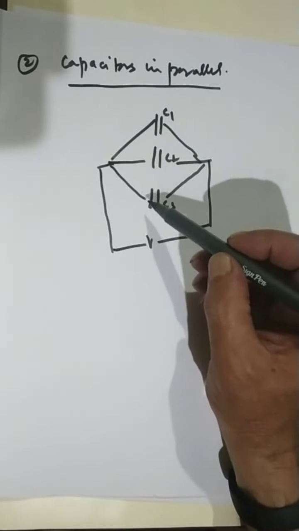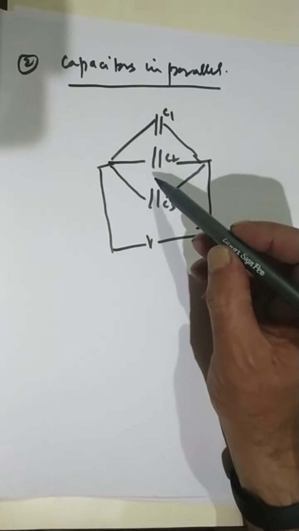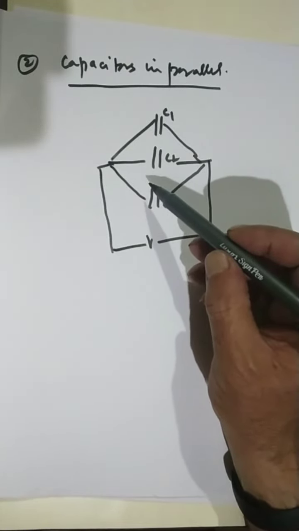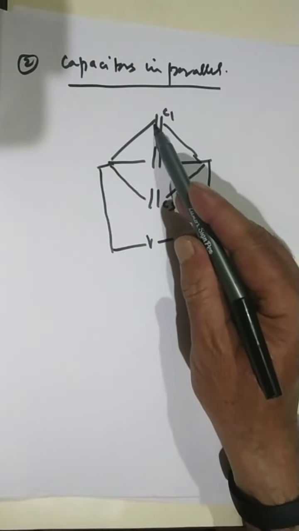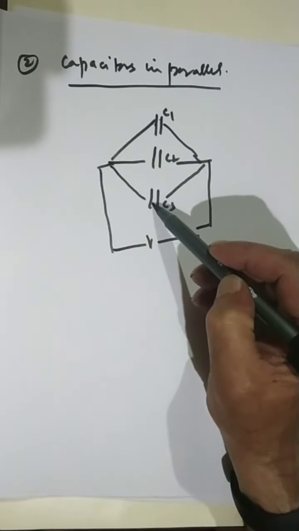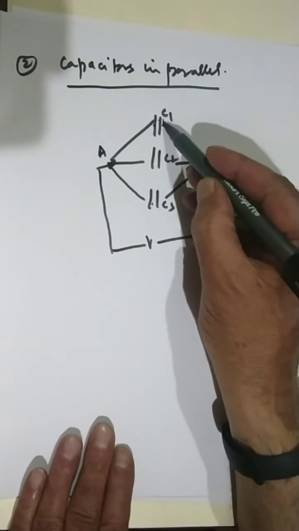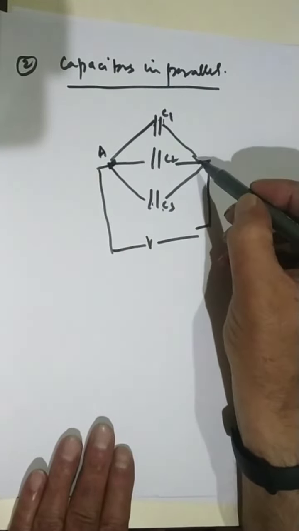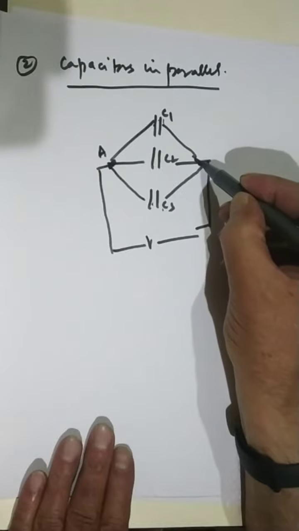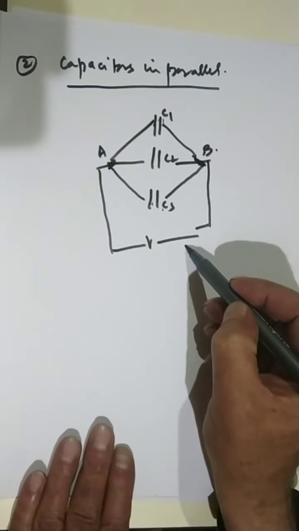So we say that these three capacitors are said to be in parallel when all the left plates of the capacitors are connected to one point, let us say here at A, and all the other plates are connected to another common point, let us say B, and potential is applied across this.